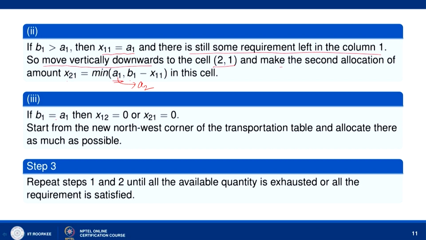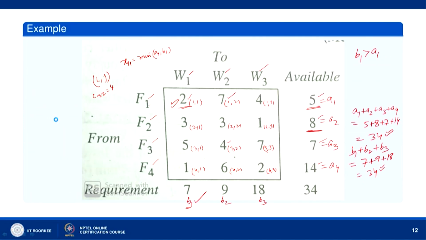Now, suppose A1 is equal to B1. Then we allocate this value here, and we do not have to allocate further in the first row or in the first column.